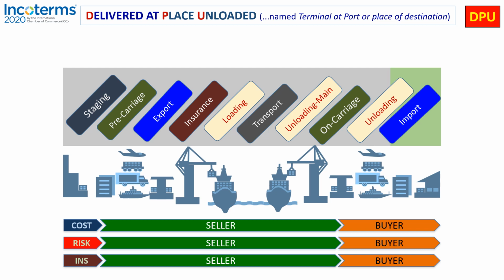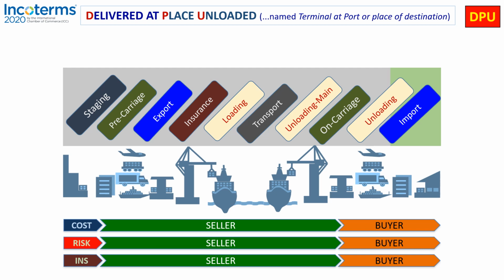For example, if you agree DPU at buyer's warehouse, it means that the entire cost of transportation, it is very clear that it is the seller's responsibility. However, even the unloading of the cargo from the arriving vehicle at the buyer's warehouse also will be the seller's responsibility.